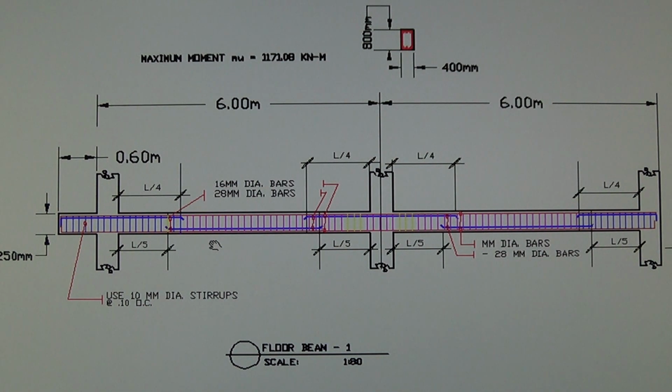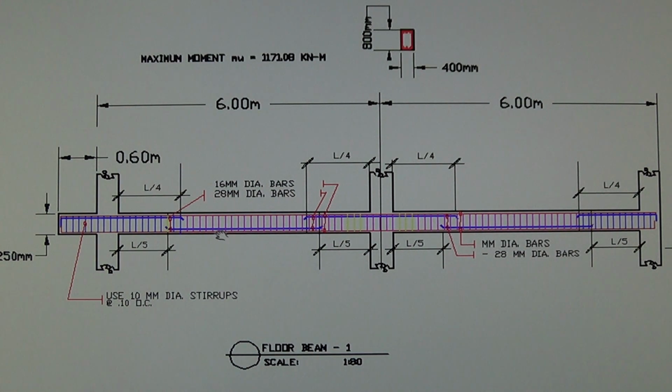So therefore, the negative moment right here is smaller than the maximum moment right here at the midspan. So the top bars will be designed the same as the bottom bar.